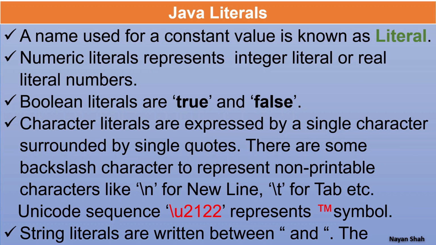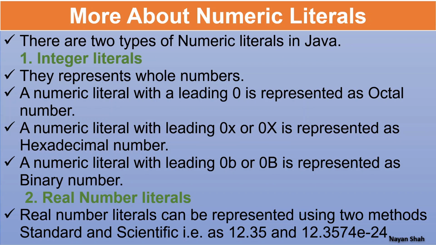Literals, there are 4 types of literal: numeric literal, boolean literal, character literal and string literal. Numeric literal again has 2 types, integer and real. An integer literal can be represented using 4 different methods: binary, preceded by 0b; octal, preceded by 0; decimal, as we normally write, without any leading 0 or symbol; and hexadecimal, written with the preceding 0x.